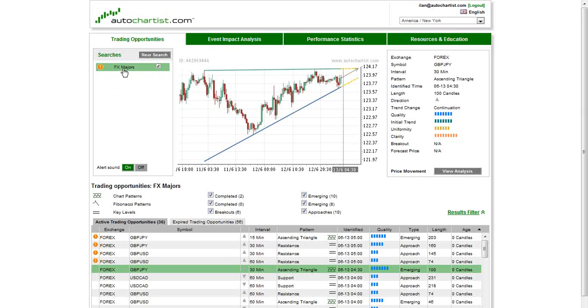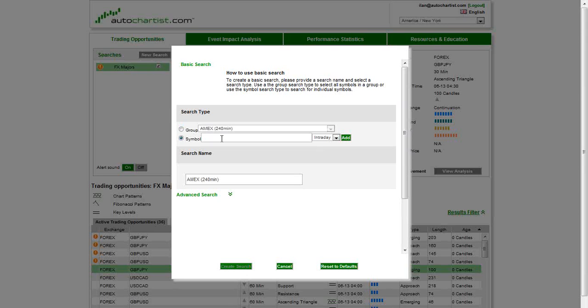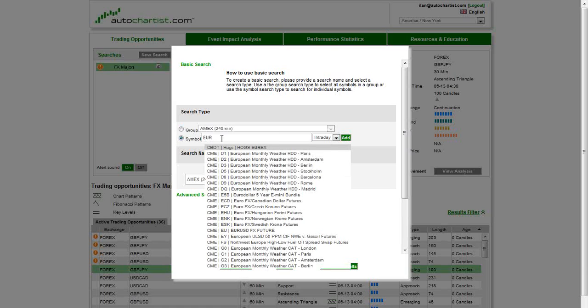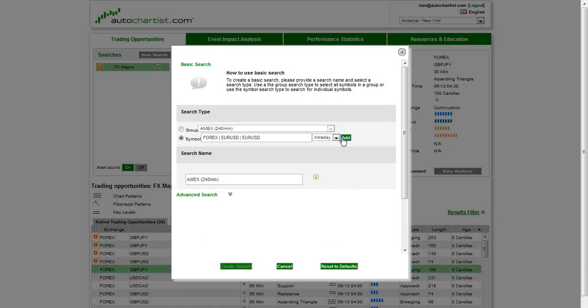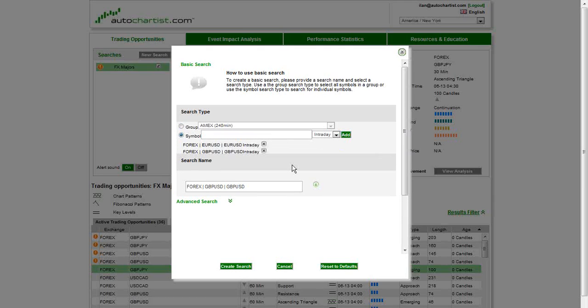If you're interested in certain specific instruments, you can click on New Search and select a symbol. For example, you can select Euro USD and add it to the list. Maybe you're interested in GBP USD, you can also add that onto your list. So you can build up a list of instruments that you're interested in trading.